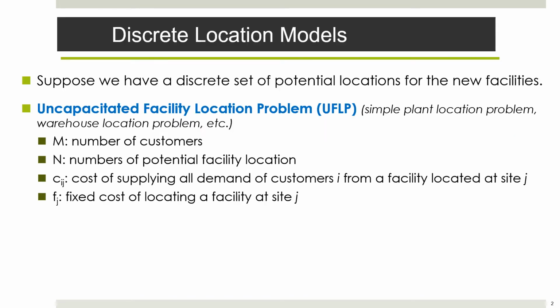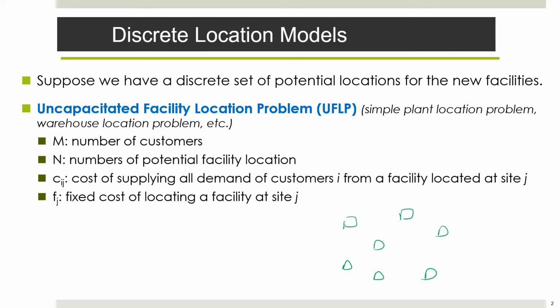The first model that we will deal with is the simplest one for discrete location models. In this one, we assume that there is a discrete set of potential locations for the new facilities. It can be single facility location or multi-facility location, but what we assume is there are alternatives.